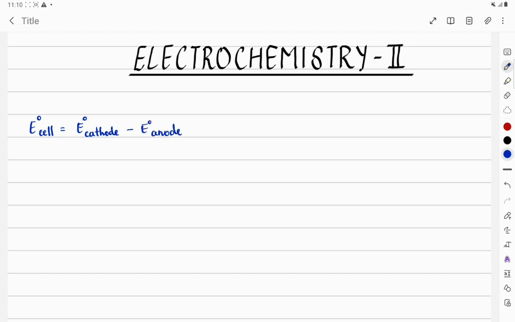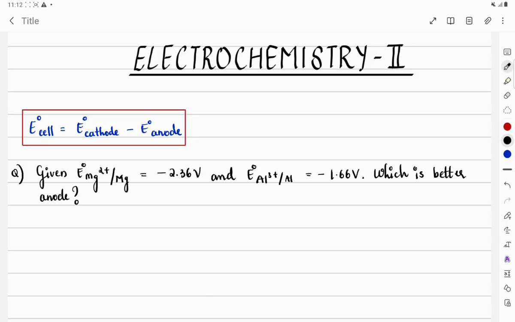So now we are going to do some problems based on this equation. You can note the problem. Given the electrode potential of magnesium equals minus 2.36 volt and the electrode potential of aluminium minus 1.66 volt, which is the better anode?